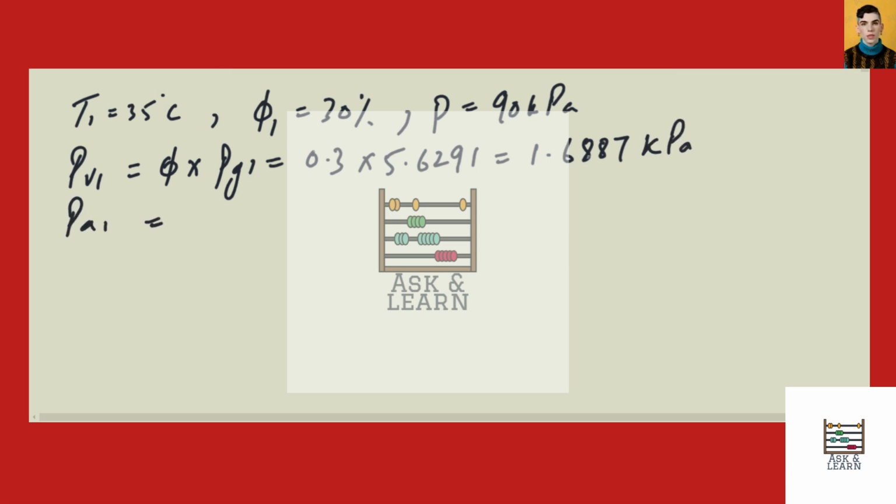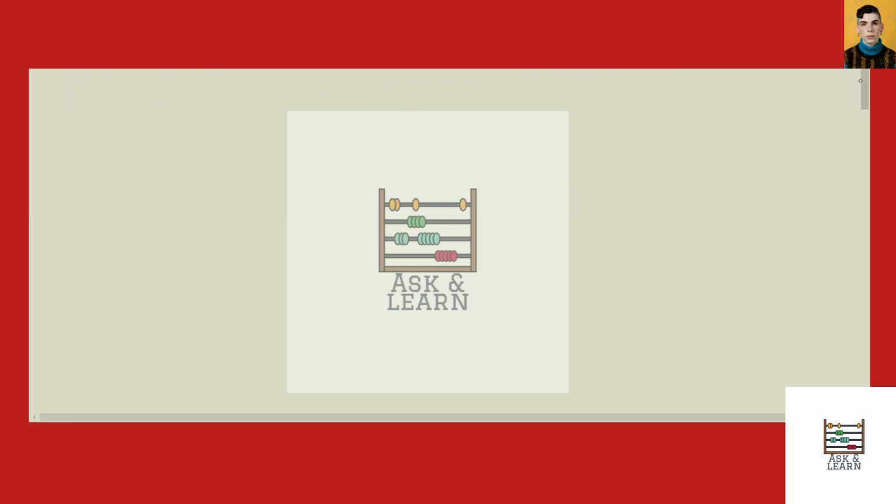Then we have PA1 is equal to P minus PV1, is equal to 90 minus 1.6887, is equal to 88.311. Now we can calculate the absolute humidity, and from that the enthalpy H1.